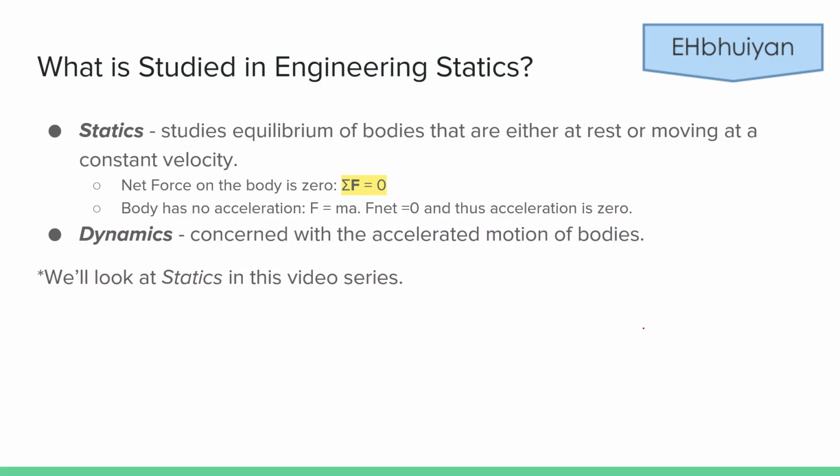In other words, having looked at Newton's laws, the body has no acceleration because the net force is 0. The forces will always be balanced, and therefore the body will not be accelerating. Dynamics, on the other hand, is concerned with accelerated motion of bodies, and that's typically studied in a different course. We'll look at statics in this video series.